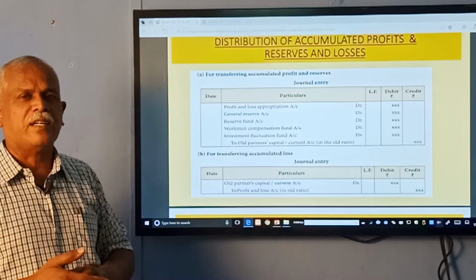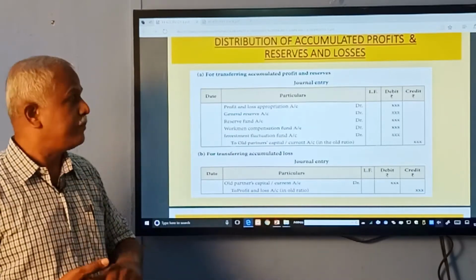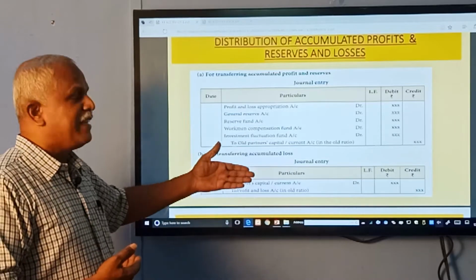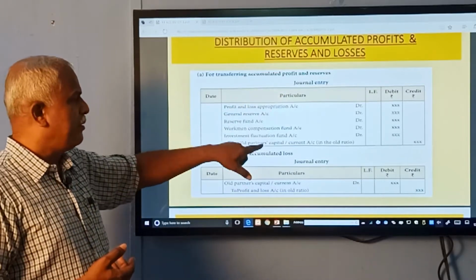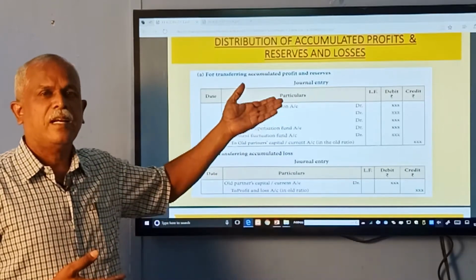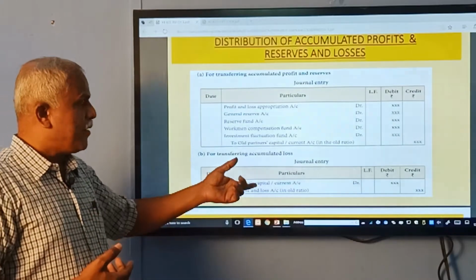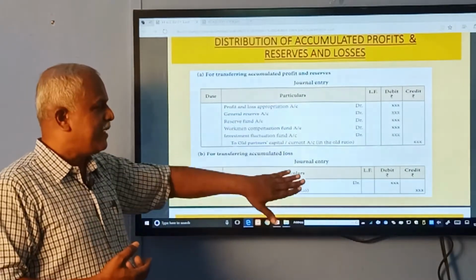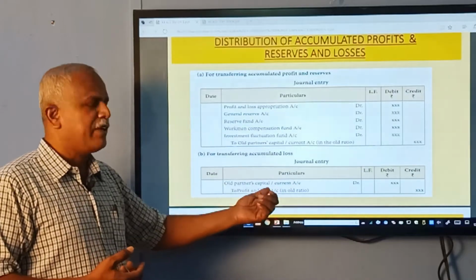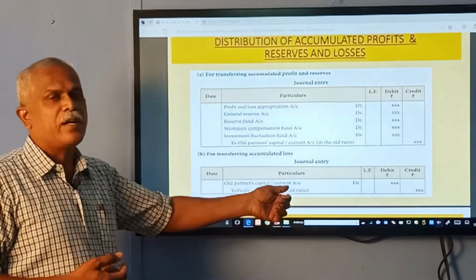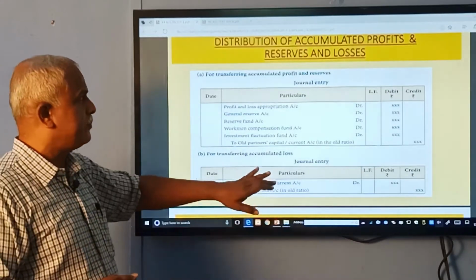Such funds, if not utilized, will be distributed to the old partners in old ratio. And if there is any loss, the journal entry is reversed, that is, old partners' capital account to profit and loss account, in old ratio. You have to distribute it to the partners' capital accounts.